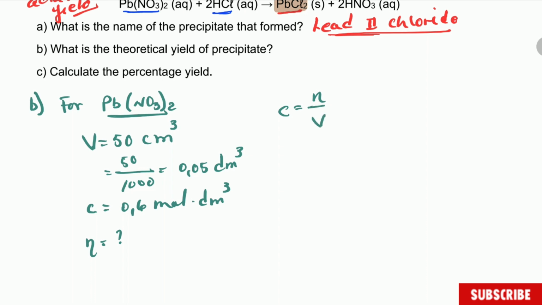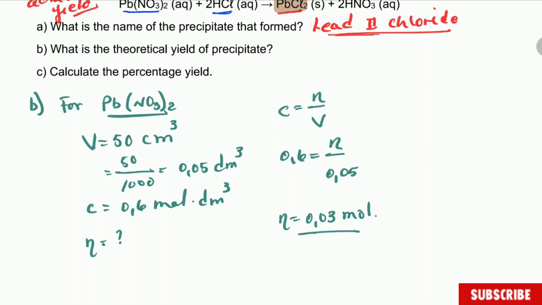All we have to do is to substitute what we know. The concentration is 0.6, the number of moles is what we are looking for, and the volume is 0.05. Be careful when you substitute, don't substitute without converting. If you rearrange this, you get that the number of moles is equal to 0.03 mole.